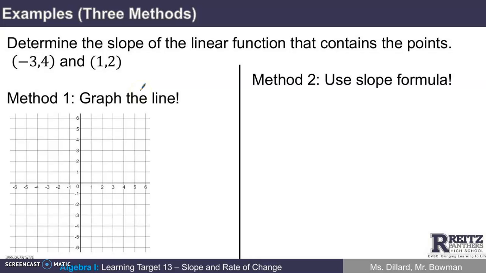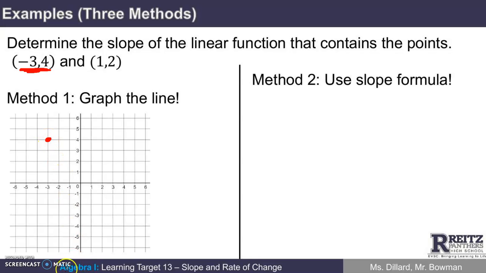Method 1 would be to make a graph of the line that we're talking about. So maybe I'll take the ordered pair -3, 4 and plot that point on a graph. Start at the origin, go left 3, and then up 4 and plot that point.